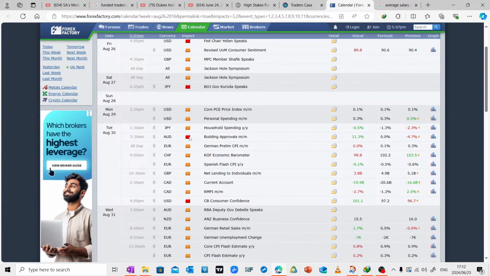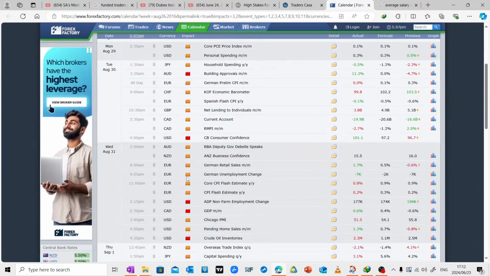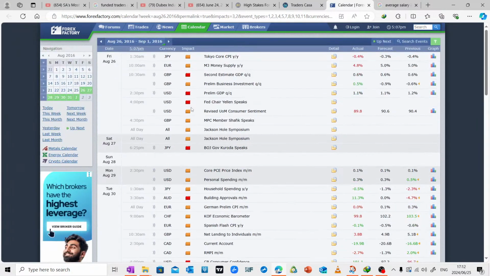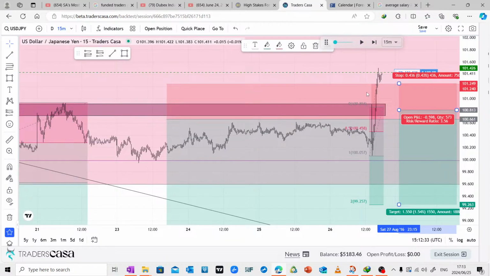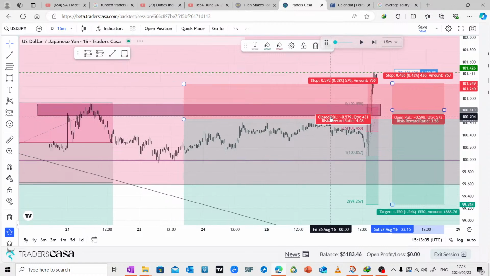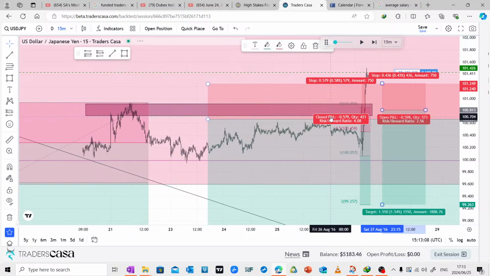And we had so much JPY news there, and also USD news happening as well, and you see was stable. So I think the USD JPY was going, people were shorting USD JPY and buying dollars.